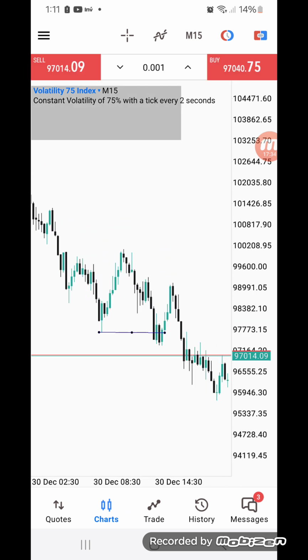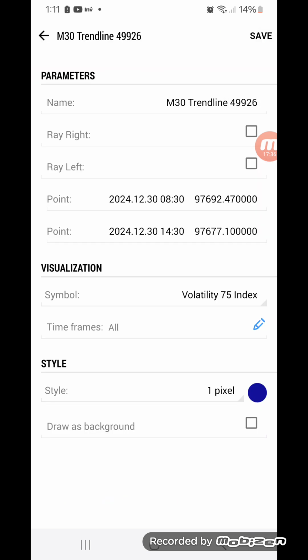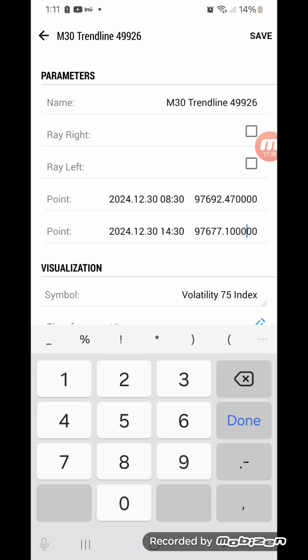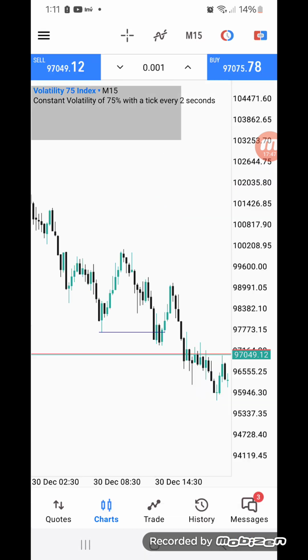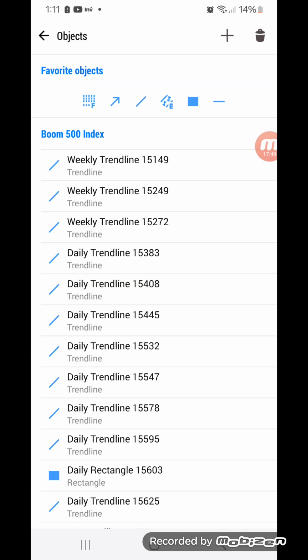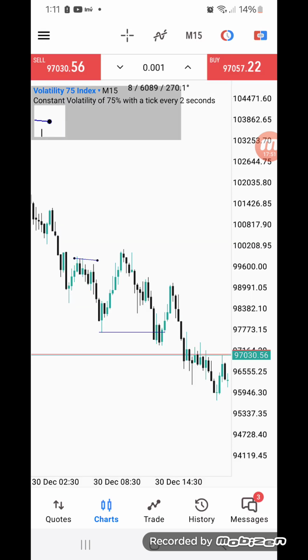before we got this break of structure, you can see what the market did. The market had already raided this high here, so it had already taken that liquidity.